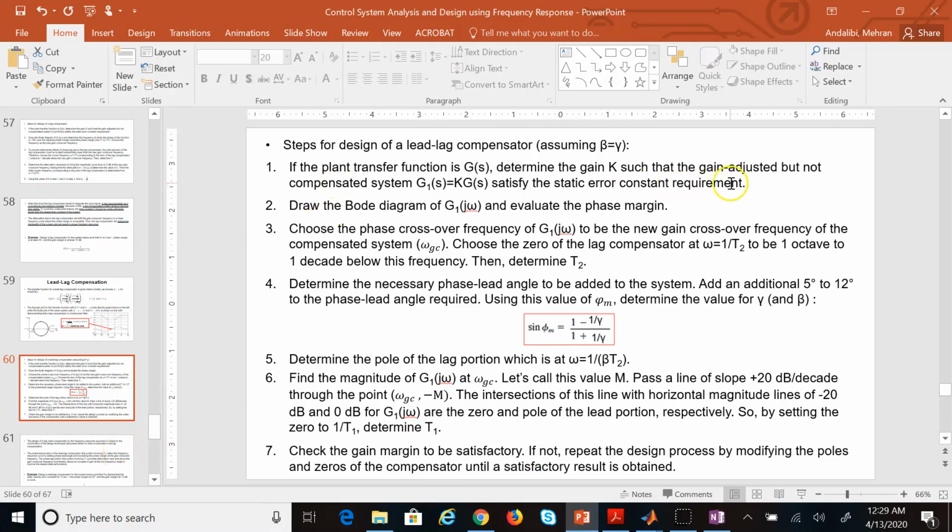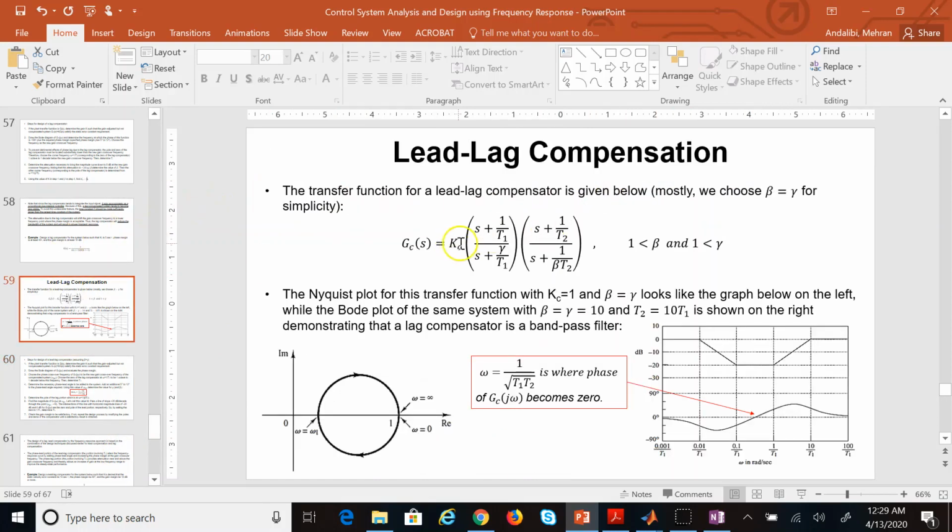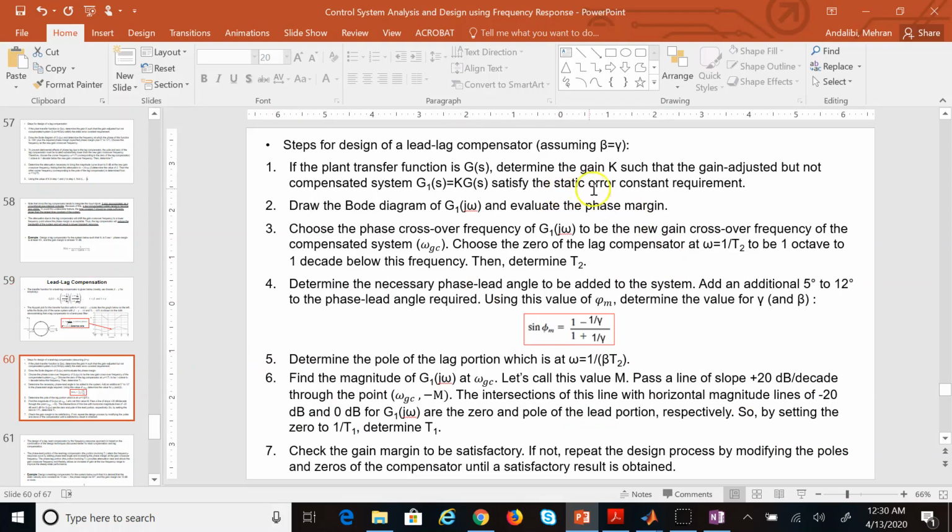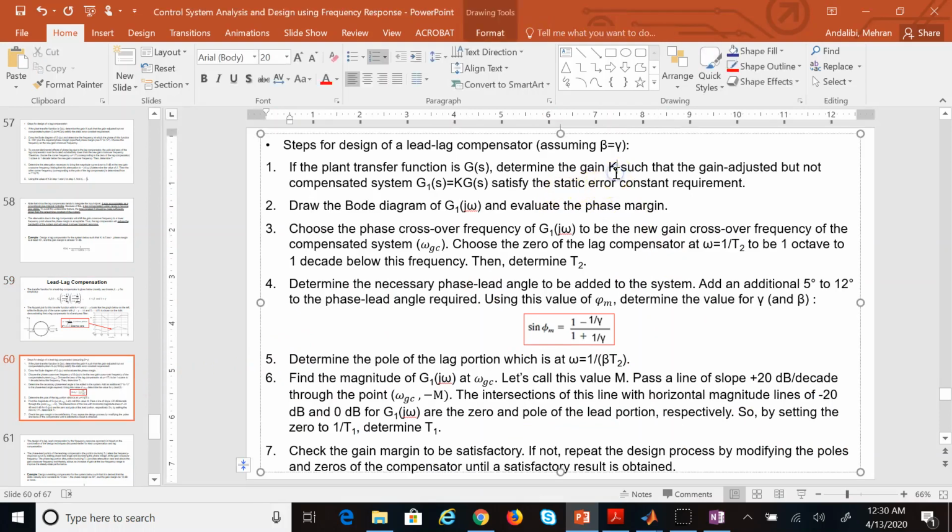So stage number 1 is like what we had before. Make sure the gain K, or Kc in this case, is chosen such that the gain modified system shows the required static error constant.